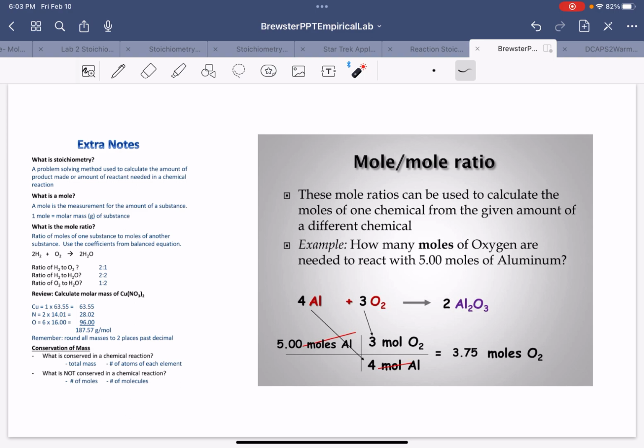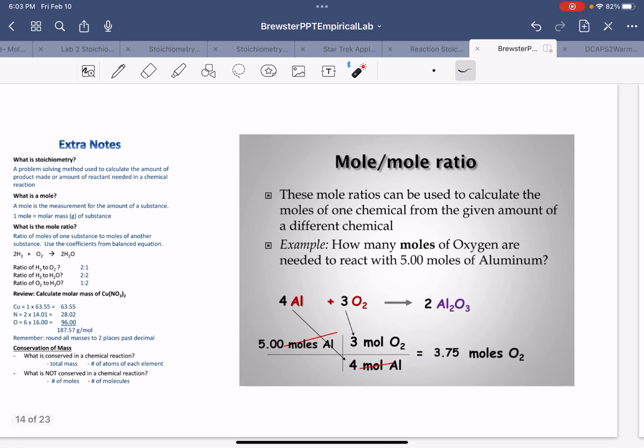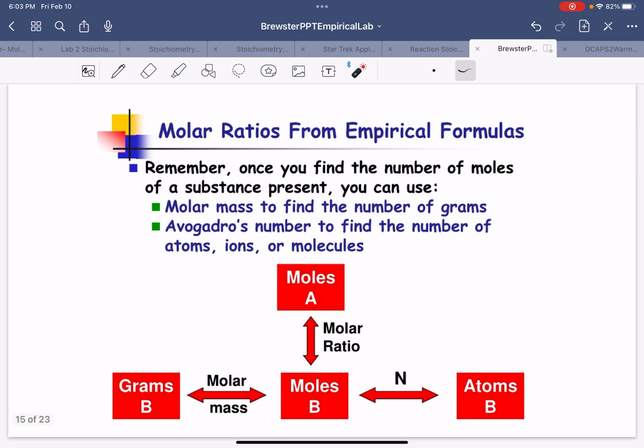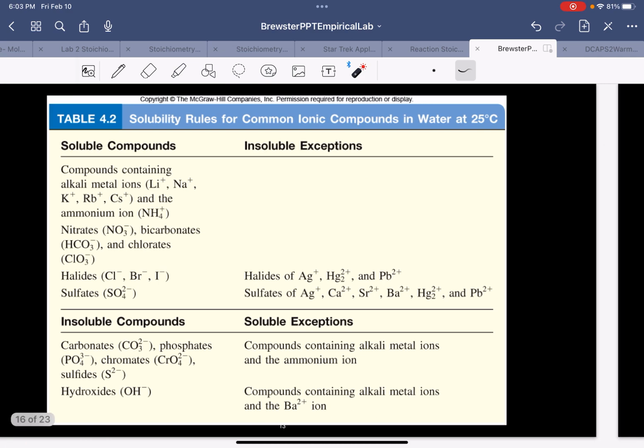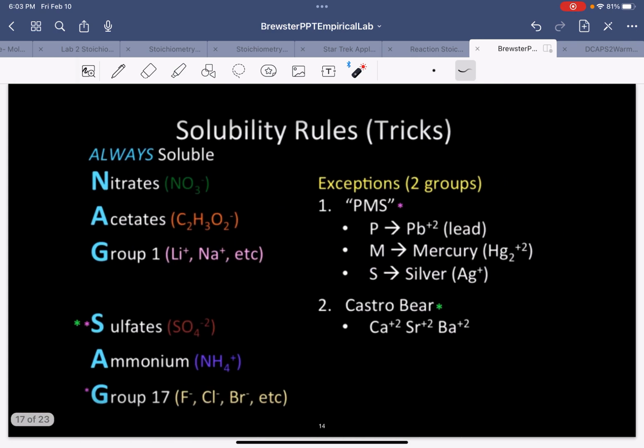Extra notes just reminding you about a mole and what a mole ratio means, and reminding you about your molar maps and how we move from one to the other. We will begin using Avogadro's number soon. And just some old notes about solubility, just keeping that going, and solubility rules and tricks because we're working in that area.